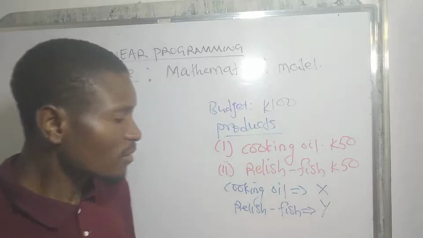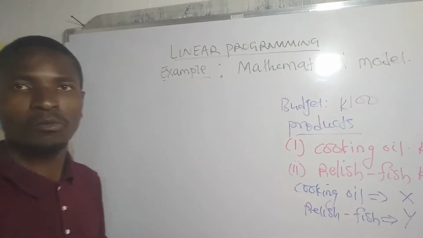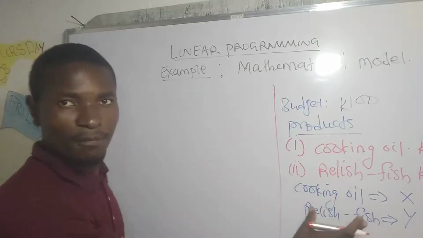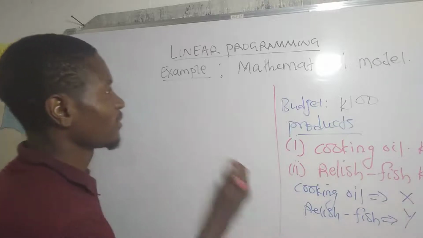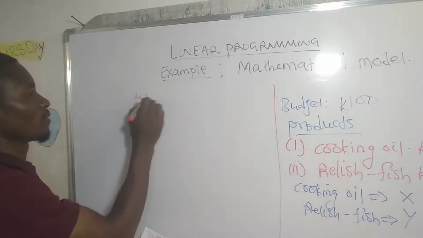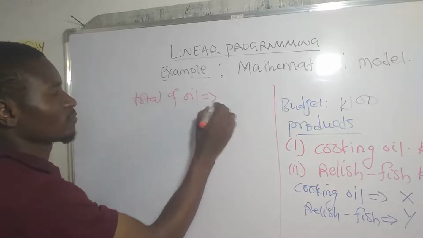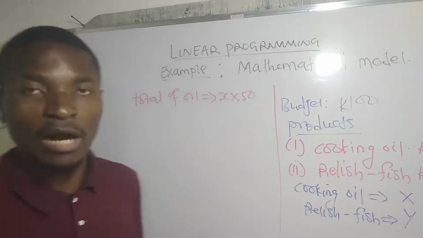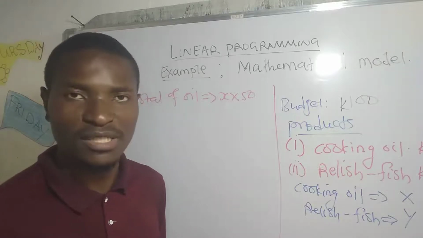Now from there, the concept is that you are going to sum the two, X plus Y. Now we want to know how much you're going to spend on buying one bottle, one container, 1 liter of a container of cooking oil.